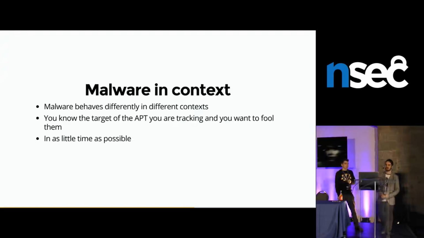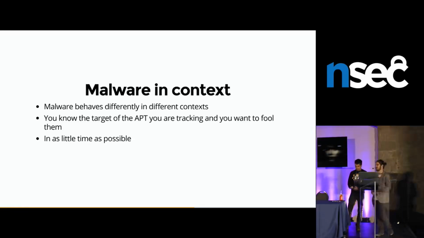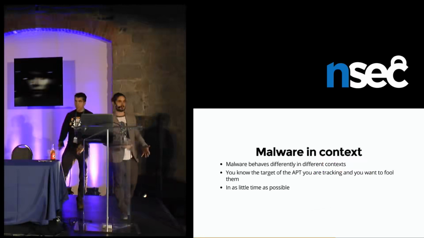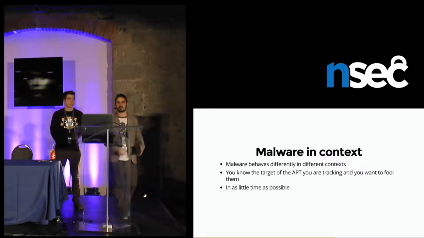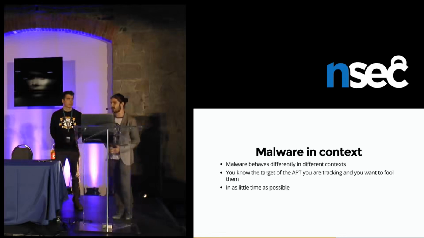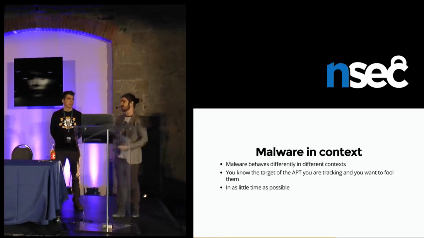Basically, malware maybe behaves differently in different environments, if it has a domain attached to it, if it has a couple of VMs. So you want to build that as efficiently as possible. If you know, for example, the target of the APT you're trying to track, you don't want a VM that looks like a vanilla one.